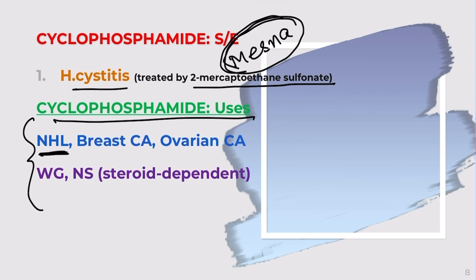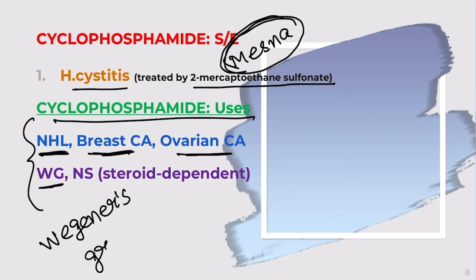Non-Hodgkin's lymphoma, breast carcinoma, ovarian carcinoma. Okay, and these are related to cancer, but non-carcinomatous condition, Wegener's granulomatosis. This is one disease of blood vessel, will be discussed later.